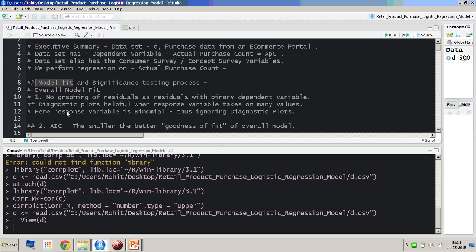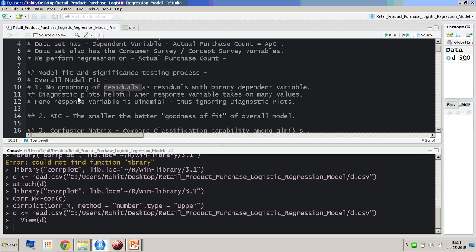There is no graphing of residuals. If you know what residuals are, then that's good enough. Otherwise, that's not required. There is no graphing of residuals being done because the diagnostic plots might not be helpful in this particular assessment of this model, as the response variable does not take many values.